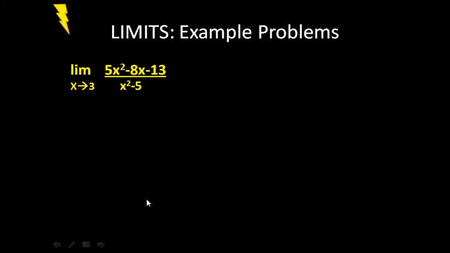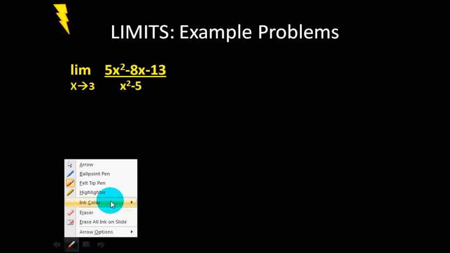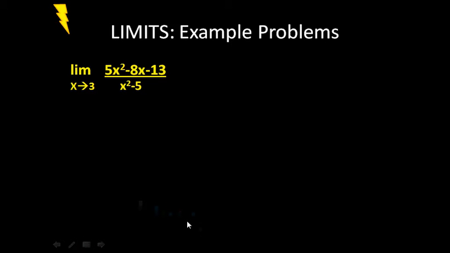Okay, so here's our first example. What we want to do is use the properties shown on the previous two slides to solve this. Well, actually, before you even do that, it's a wise idea to check to see if you can just plug this directly in, because the properties shown previously are mainly used if you get something like 0 over 0, or some number over 0, because that's undefined, so we want to avoid that.